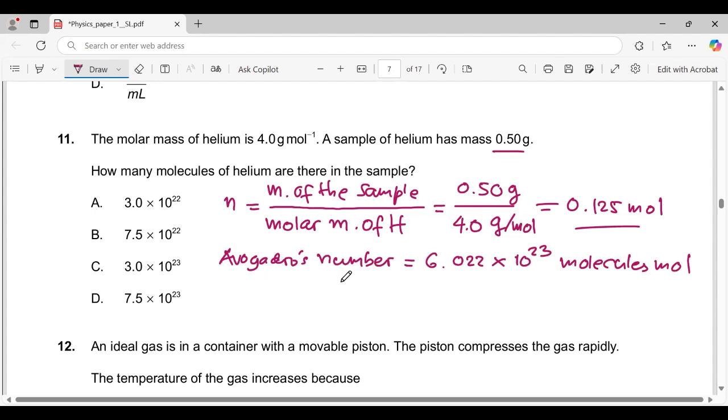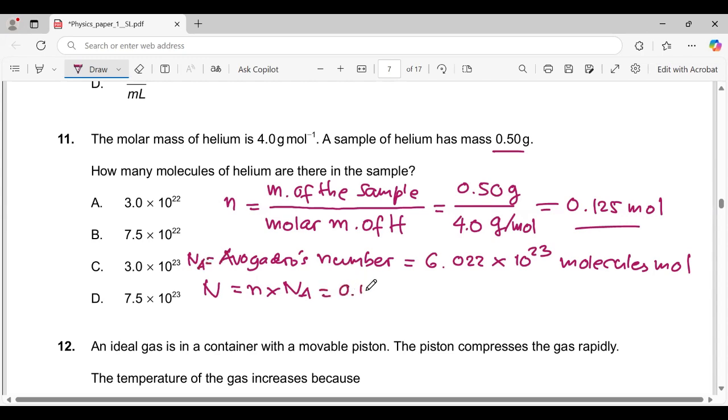And the number of helium molecules, N, equals lowercase n times N_A. This is N_A, Avogadro's number.